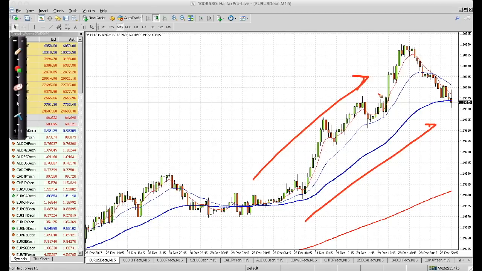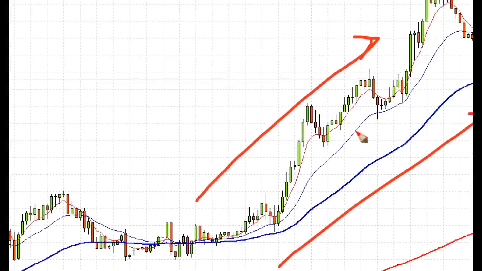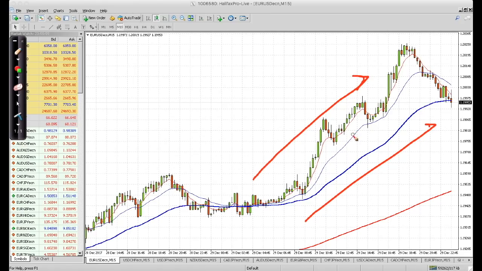But just to give you a heads up, on a very clear uptrend you'd find that the moving averages are sloping upwards, and they tend to be in a certain sequence, with the smallest moving average on top and the biggest below. This thin blue line is the 18 exponential moving average.